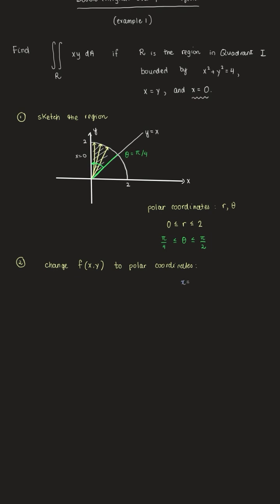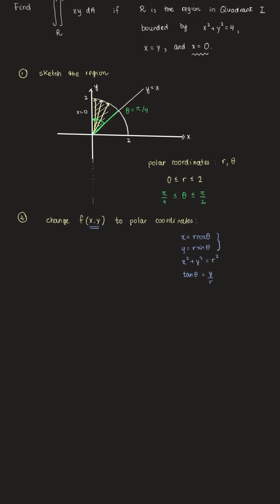We know that x will be r cosine theta, and y is r sine theta. We also know that x squared plus y squared equals r squared, and that tangent theta is y over x. Since we're changing from rectangular to polar, we can let x be r cosine theta and y be r sine theta.